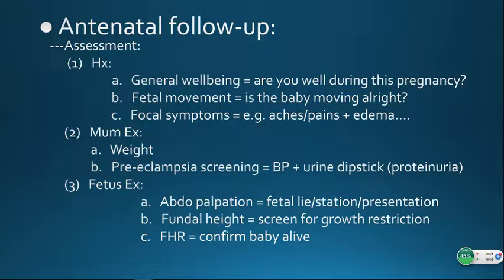So it's at the vertex, which indicates the baby is presenting with the head. With the breech presentation, the baby is coming out via its buttock, and footling presentation is basically the baby's foot is coming down the birth canal first. And you measure the fundal height to screen for intrauterine growth restriction, and you do a fetal heart rate to basically confirm the baby is alive.